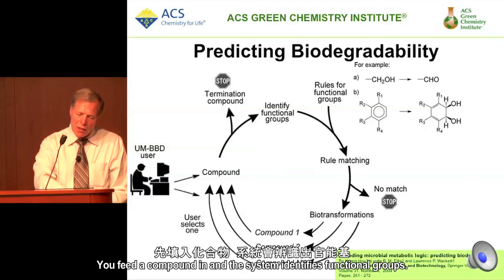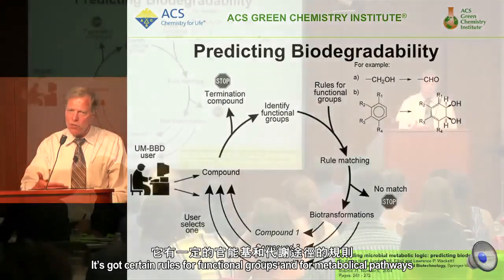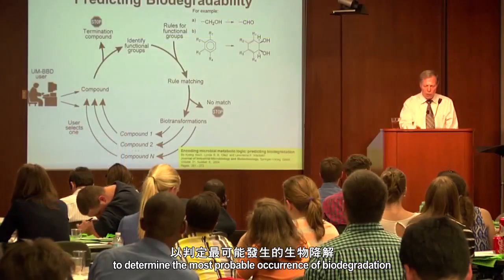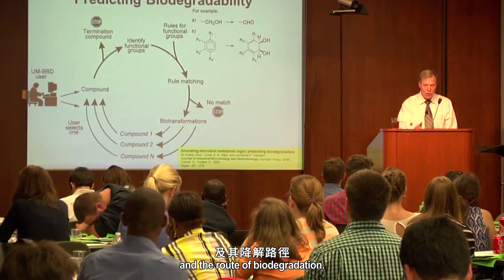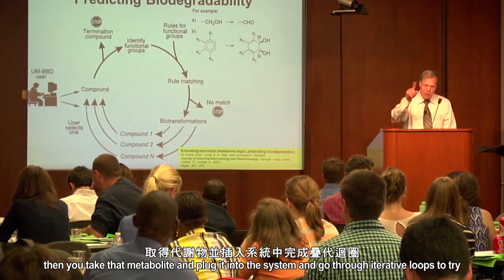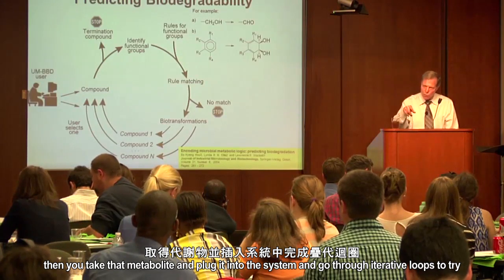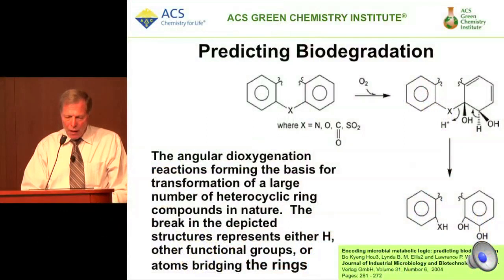You feed a compound in, the system identifies functional groups. It's got certain rules for functional groups and for metabolic pathways to determine the most probable occurrence of biodegradation and the route of biodegradation. Then you take that metabolite and you can plug it into the system, and by that way you go through iterative loops to try and construct a biodegradation pathway.